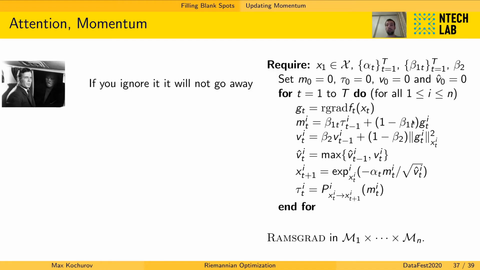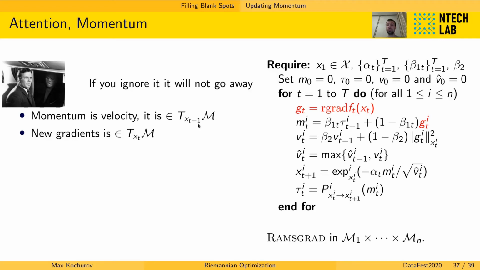Another thing we also need to take into account is momentum. Besides, momentum may seem like a vector with a bunch of numbers. It's attached to a point. At the previous iteration, we may have tau, and it might belong to, say, the tangent space at x t minus 1. And new gradients lie in the new tangent space of xt.